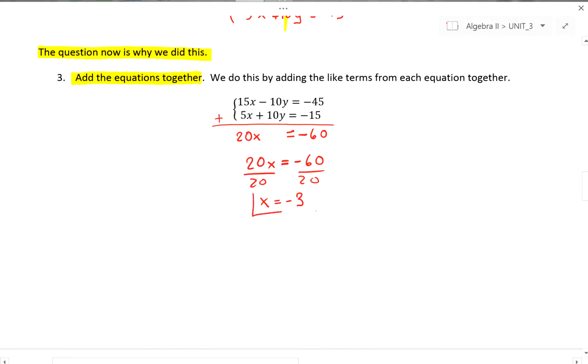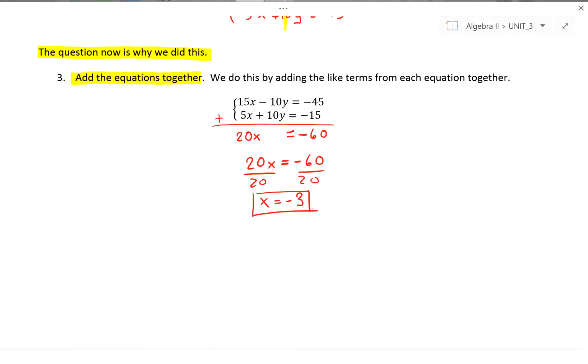X is equal to negative 3. So what we've accomplished here is that we've actually found or solved half of the system of equations. We know from graphing that the solution to a system of equations is a coordinate point, an xy coordinate point. Okay? So we have half of that done.